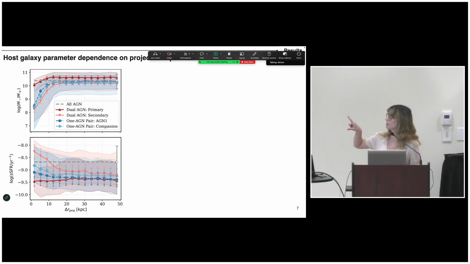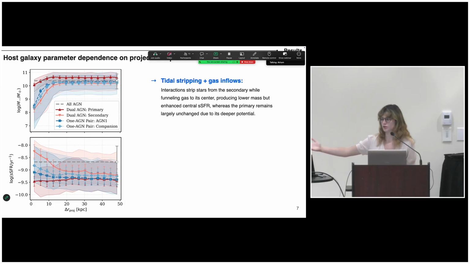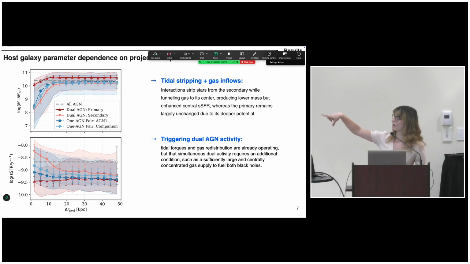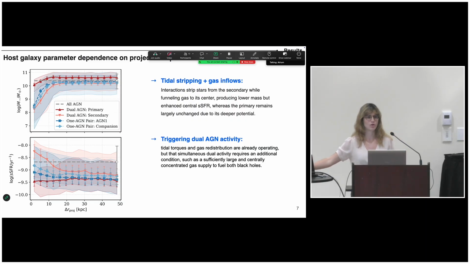Let's concentrate on the red and orange ones here. Those are the dual primaries and secondaries, and we see that this asymmetry that I talked about in mass and star formation rate gets enhanced at closer separation, coming from the tidal stripping and gas inflows, as I mentioned. I'm going to skip the comparison with the isolated AGNs here, but that is also super interesting to look at, and we need to investigate that more also.